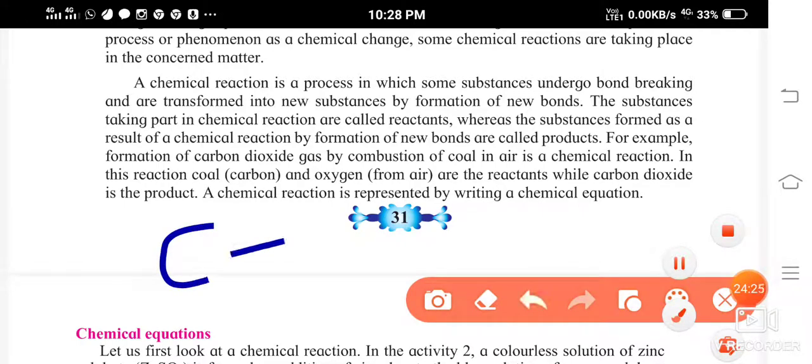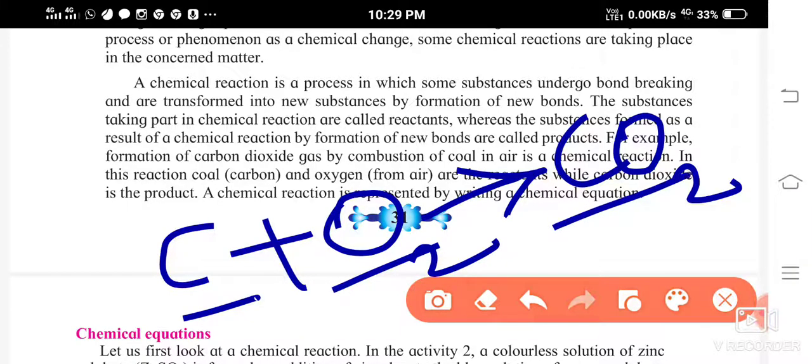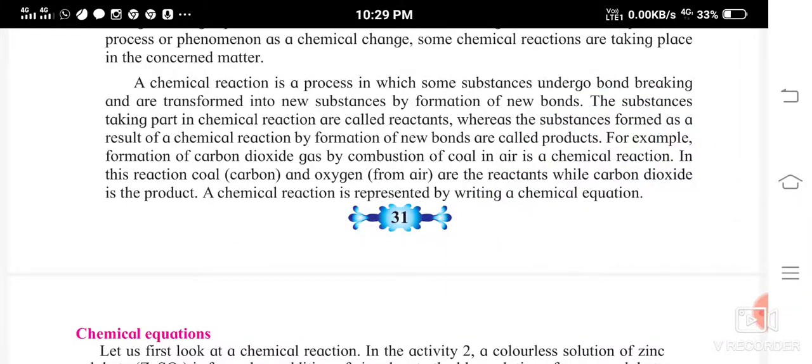So carbon plus oxygen forms carbon dioxide. Here carbon and oxygen are taking part in the reaction, isn't it? So carbon and oxygen are the reactants, and after combining with each other, what have they formed? They have formed carbon dioxide. So this carbon dioxide is the product.